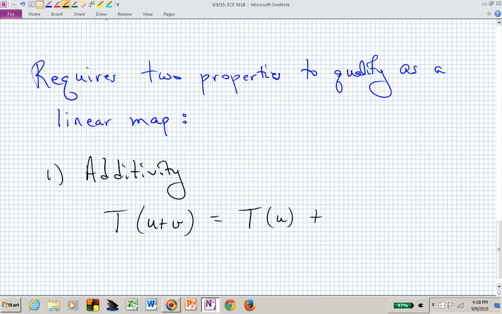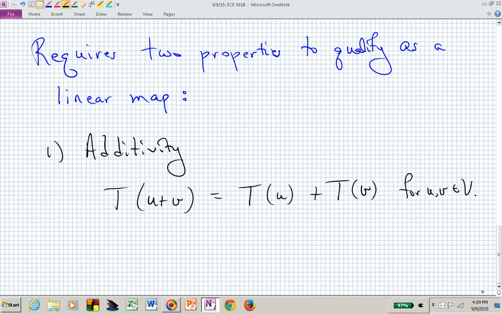Meaning T of U plus V needs to equal T of U plus T of V for all vectors U and V in the underlying input vector space V.